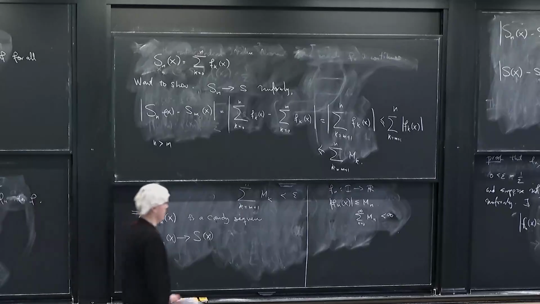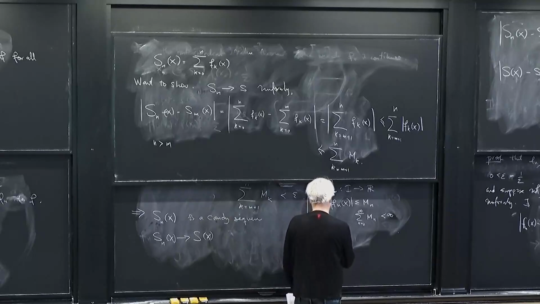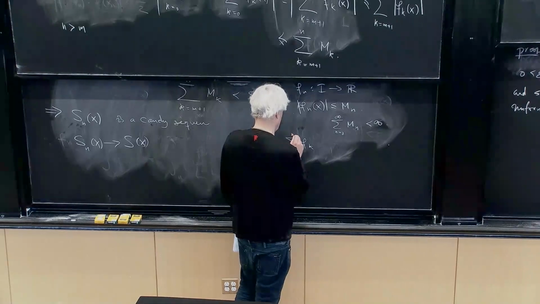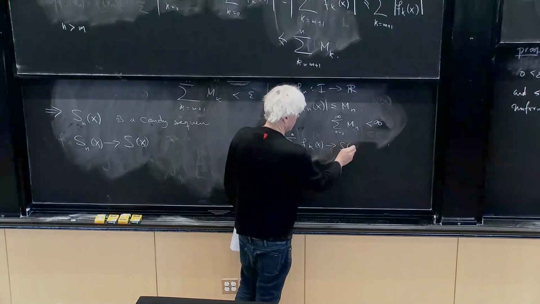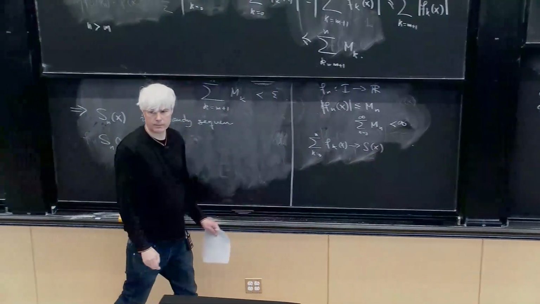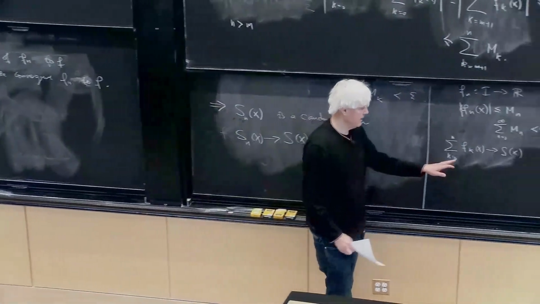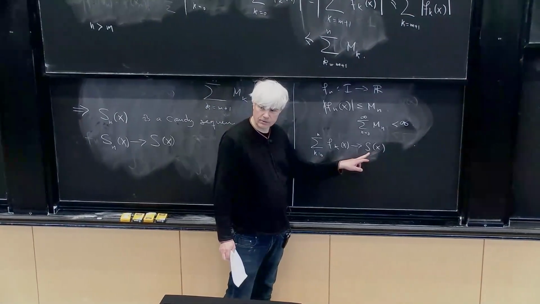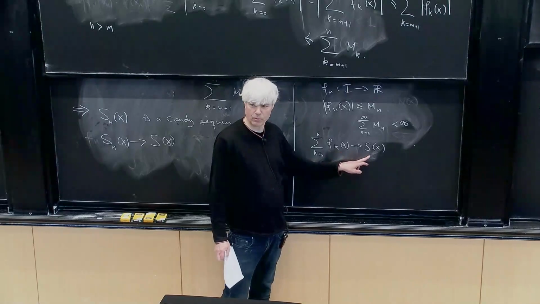So the claim is that the sums here converge uniformly to some function s of x. The first step is to say that there exists some function s, and they converge to that function pointwise.